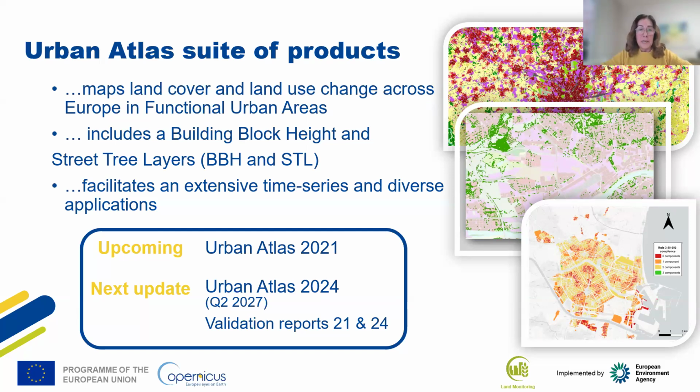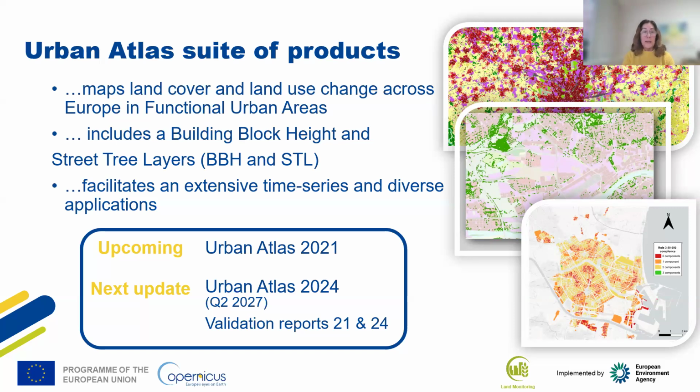As we discussed today, upcoming or right now becoming available is the Urban Atlas 2021, and the production for 2024 already started, even though there are still some issues to solve with the completeness of the VHR 2024 coverage. In addition, we also plan to validate the 21 and the 24 productions in an independent exercise.